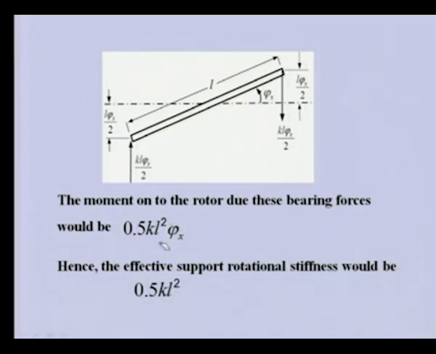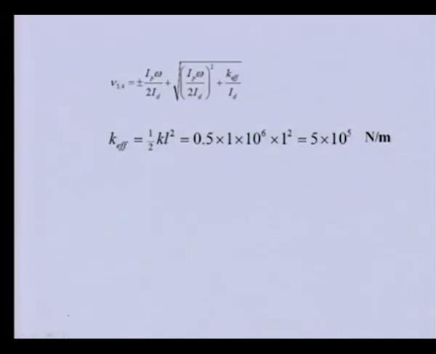and if we divide this moment by the angular displacement, we will get the effective stiffness of the support, or the rotational stiffness of the support. Moment divided by angular displacement will give us the effective support stiffness against the rotation. The expression which we derived for the present case, the motor shaft disc assembly, is identical to that one.